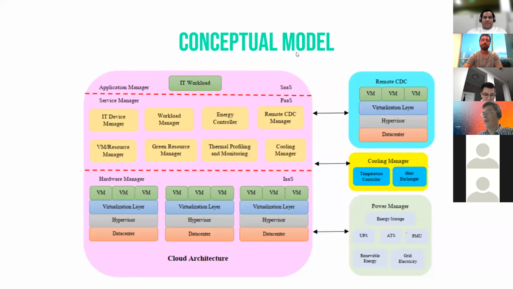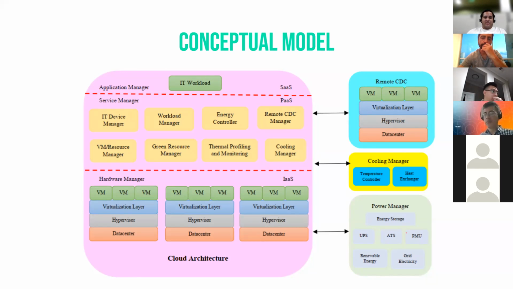This figure is a conceptual model from the authors of this paper. The figure shows a conceptual model for sustainable cloud computing in the form of a layered architecture, which offers holistic management of cloud computing to make cloud services more efficient and sustainable.